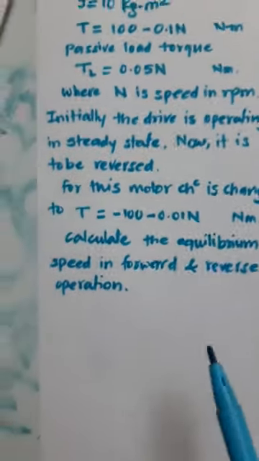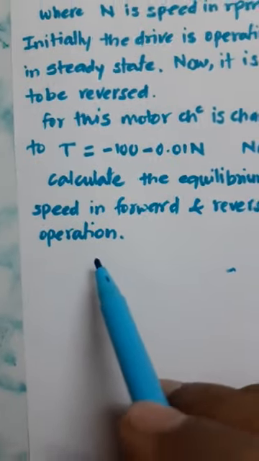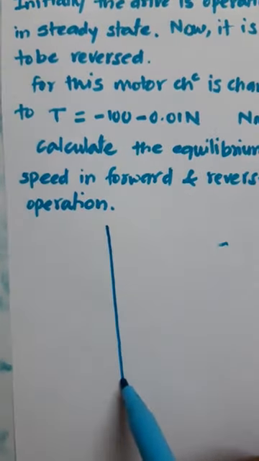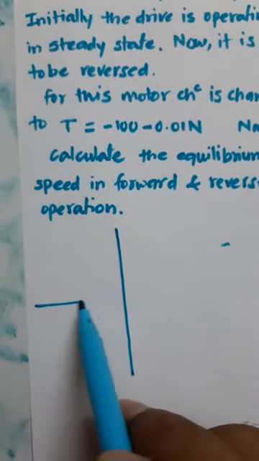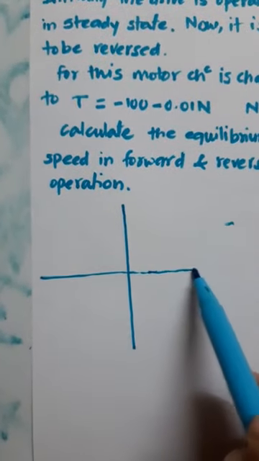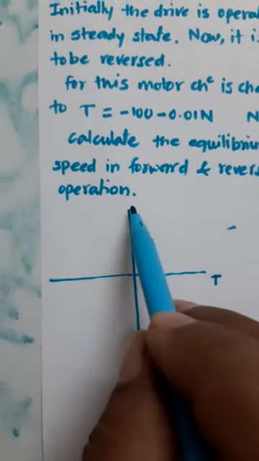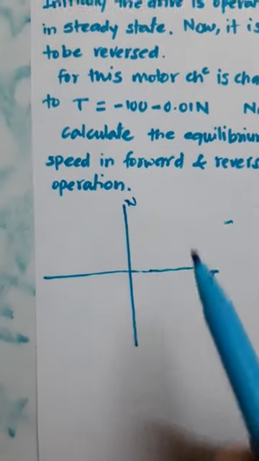So just to show you here, this is a torque speed plane. So this is torque, and in this case it is speed in RPM.